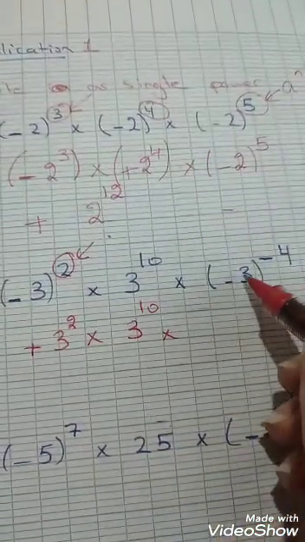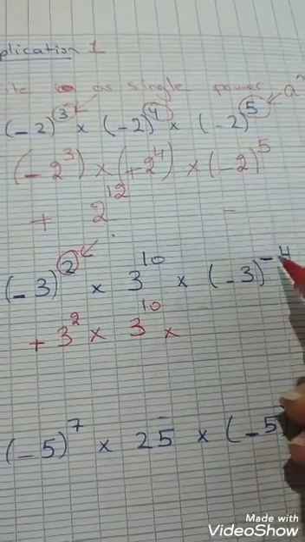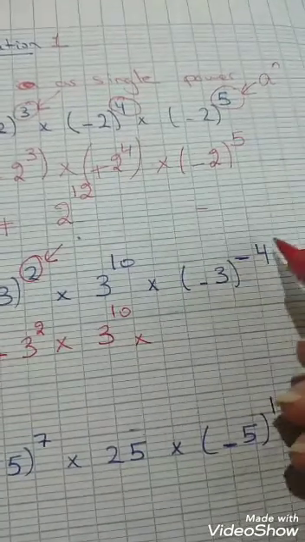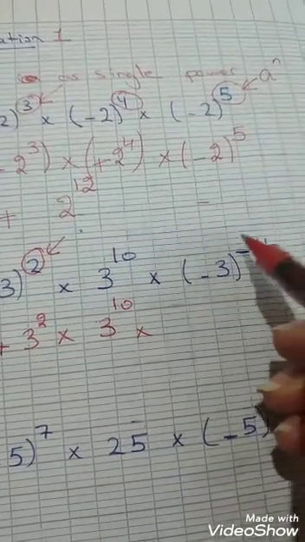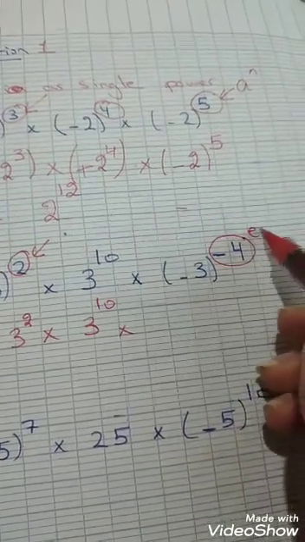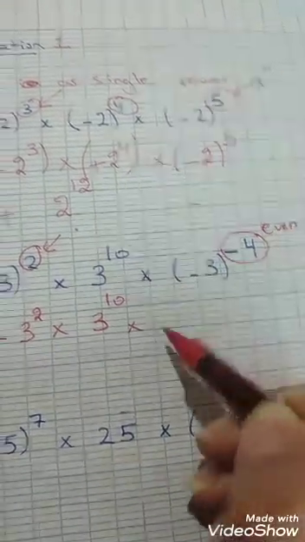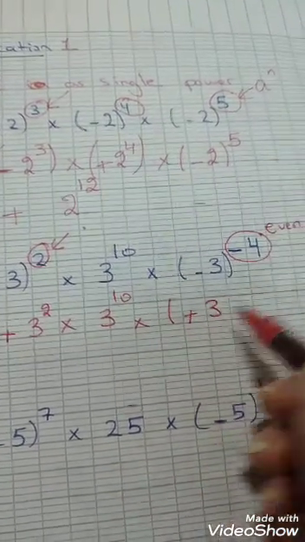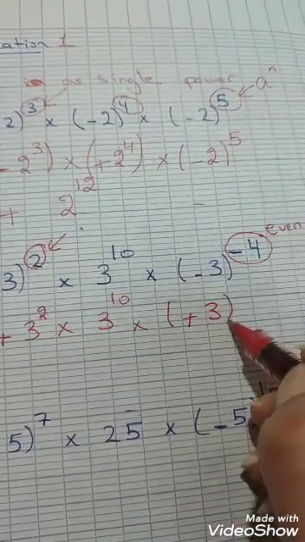Times minus 3 to the exponent minus 4. The base is negative. Is the exponent even or odd, even if it is negative? Yes, minus 4 is an even number. So even and minus becomes plus. We said we can put parentheses or not.